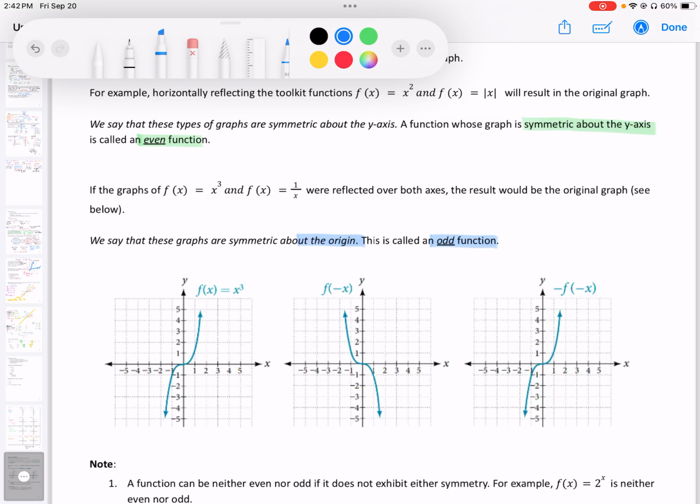So for example, if we take a look at the function x cubed, and we make the x values negative, it does reflect over the y-axis.